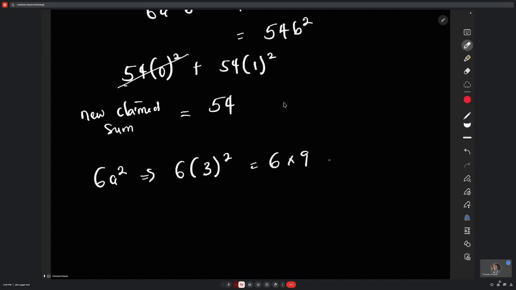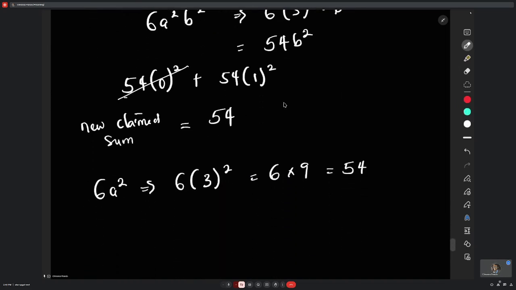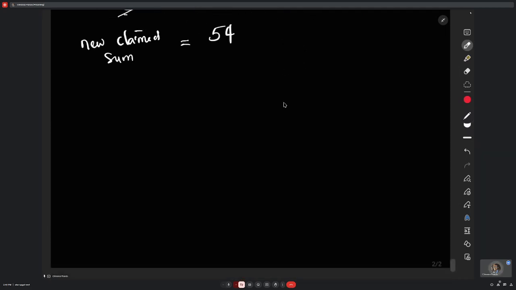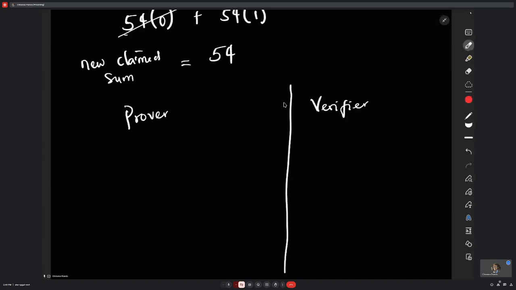I think, can you separate it? The one the prover is doing and the one the verifier is doing, because it's kind of mixing up. Okay, maybe let me draw a line. We're starting with the polynomial 6a square b square, right?